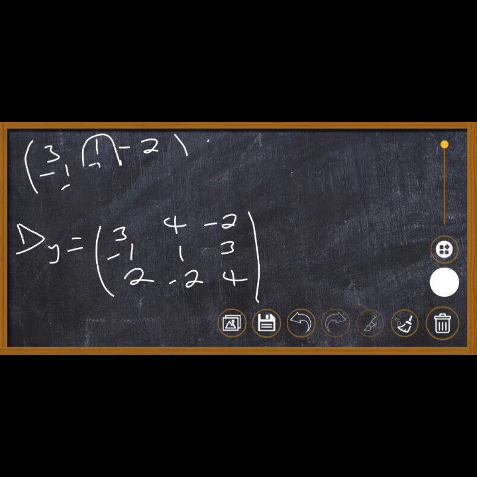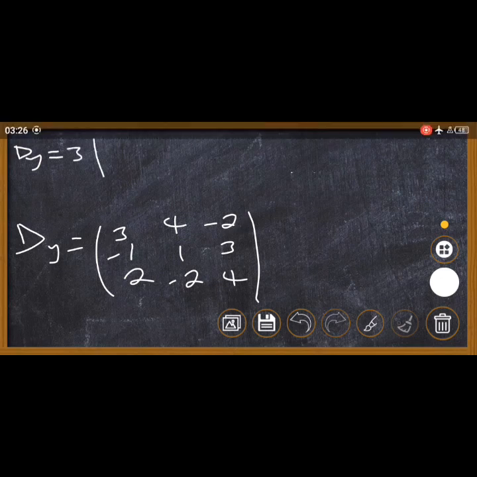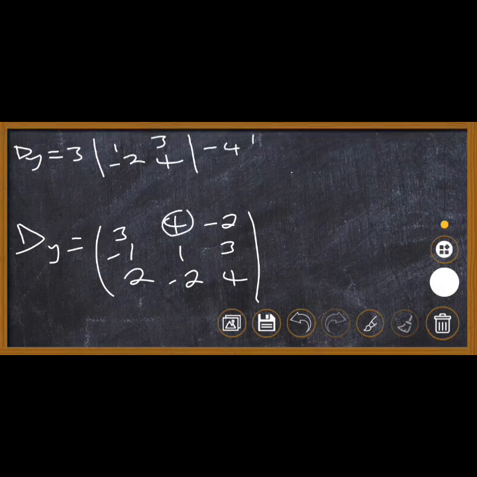Okay, so in this case then we have that. So let's find dy. So dy is going to be these 3 multiplied by all of these here. What are we going to have? So we are going to have 3 here, and then 1, negative 2, and then 3, and 4 here, and then minus, this time we have 4 there, so it's going to be 4. We multiply with what?